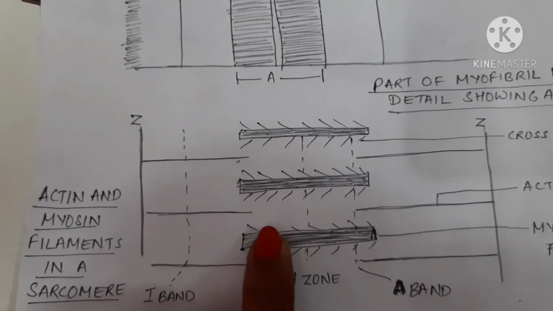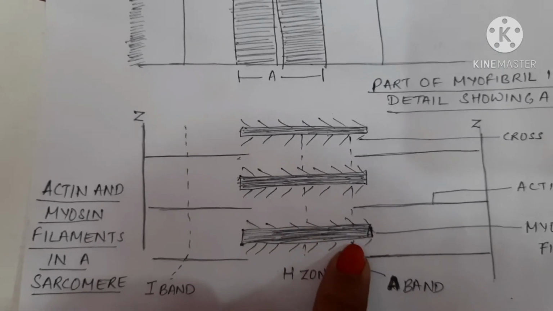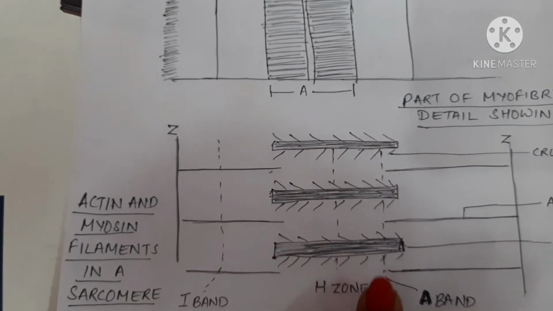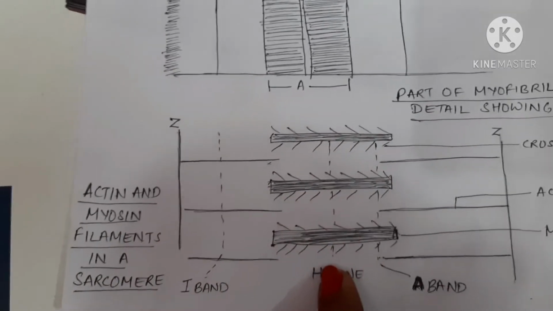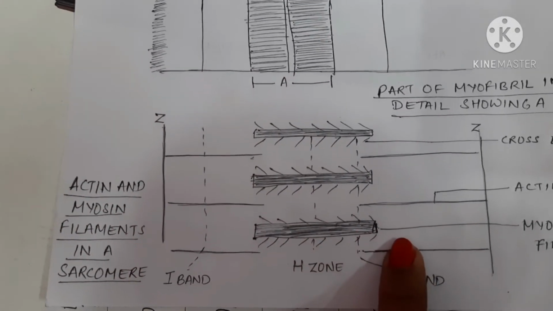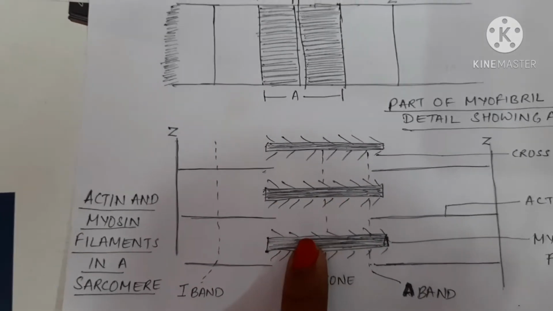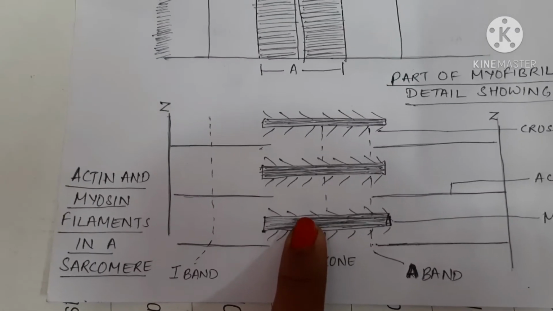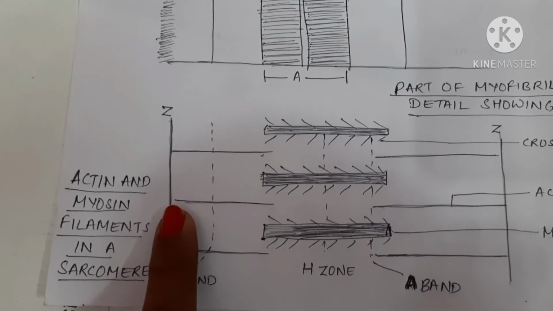To explain, this darker line in the middle is the H zone. This one is the A band. The darker section is always the A band, and the lighter section is the I band.